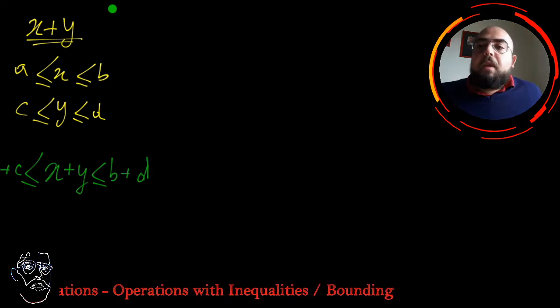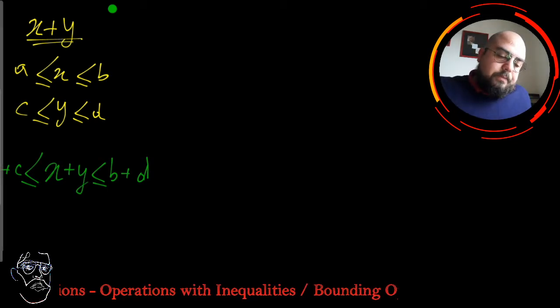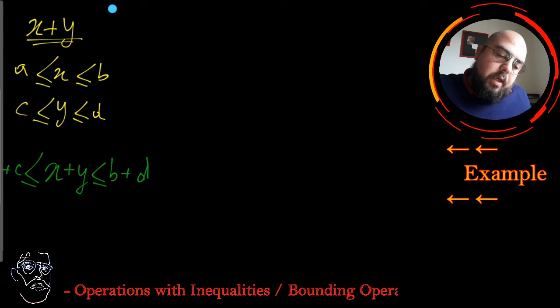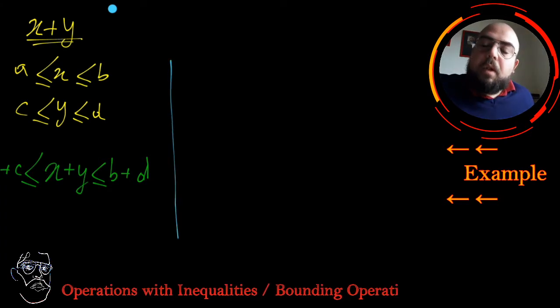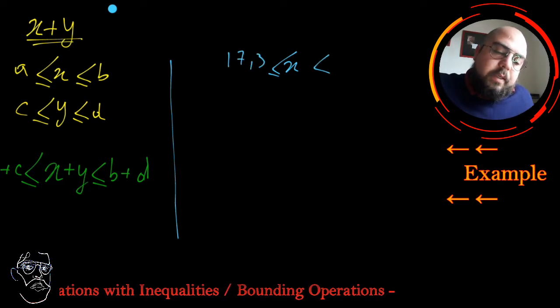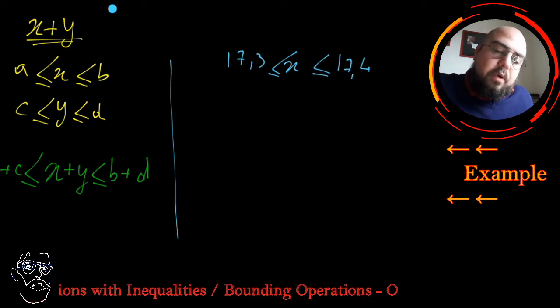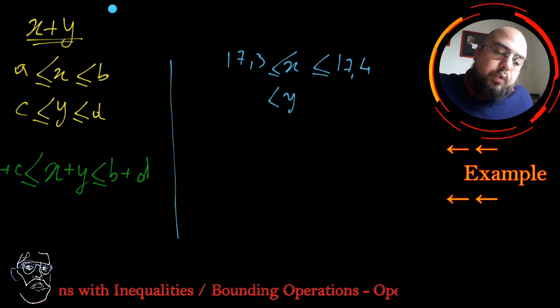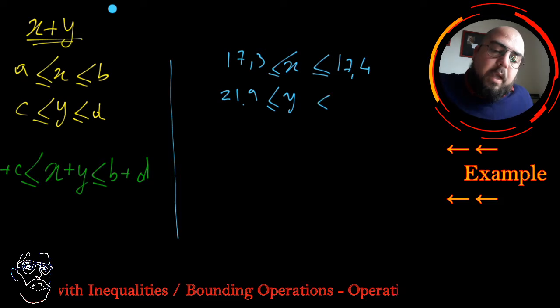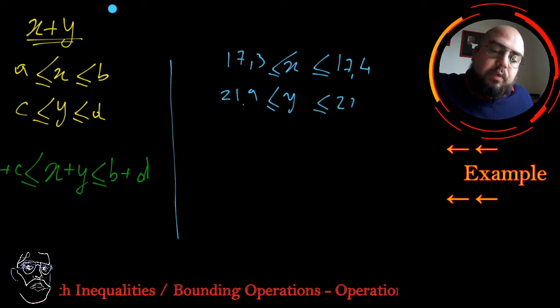All right, let's take an example. We have x between 17.3 and 17.4, while y is between 21.9 and 22.